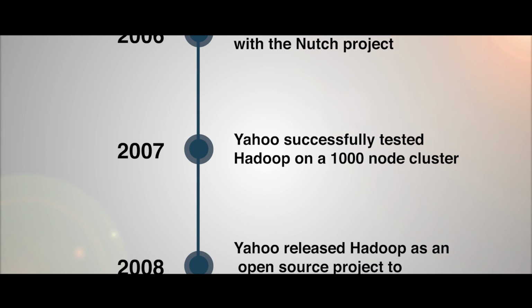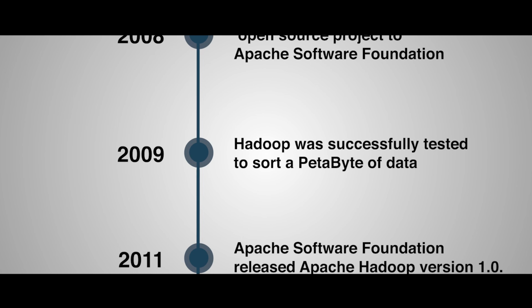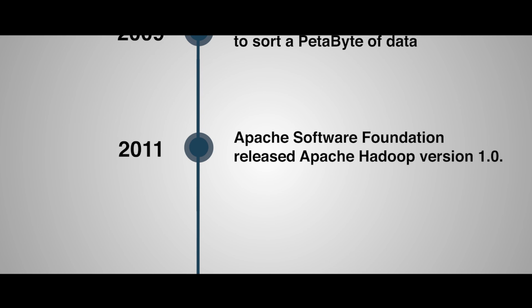In 2007, Yahoo successfully tested Hadoop on a 1000-node cluster. In 2008, Yahoo released Hadoop as an open source software to Apache Software Foundation. In 2009, Hadoop was successfully tested on petabytes of data. In 2011, Hadoop version 1.0 was released.